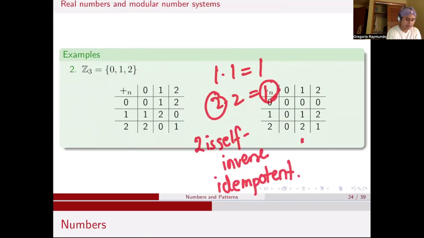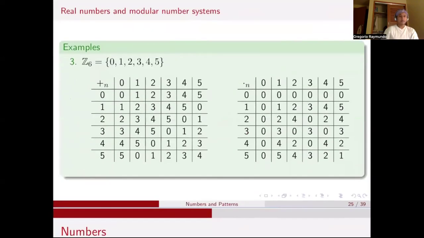Idempotent, tapos yung 1, ito ay yung multiplicative identity. Sa Z6, lahat may additive inverse, pero hindi lahat may multiplicative inverse. Notice dito, sa Z6, si 1, meron siyang multiplicative inverse, si 1. 1 times 1, 1.